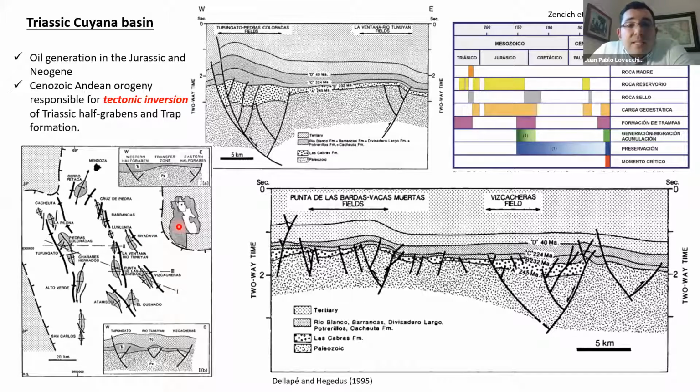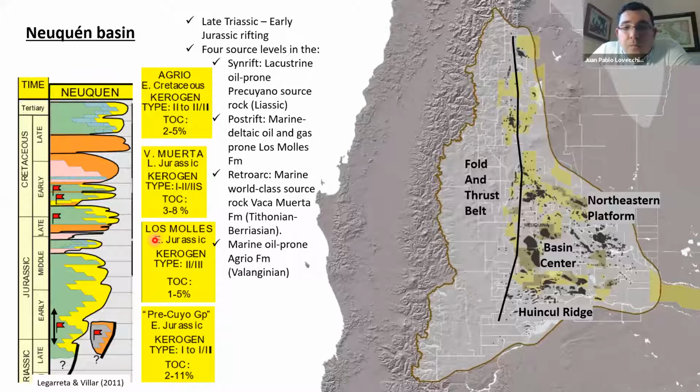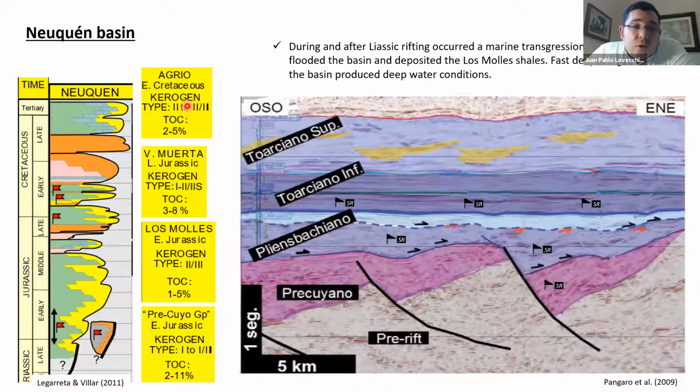Now we will see some examples from the Neuquén Basin. We already saw one of the fractured basement. Now, the Neuquén Basin is a very prolific basin with several source rocks deposited in different environments.